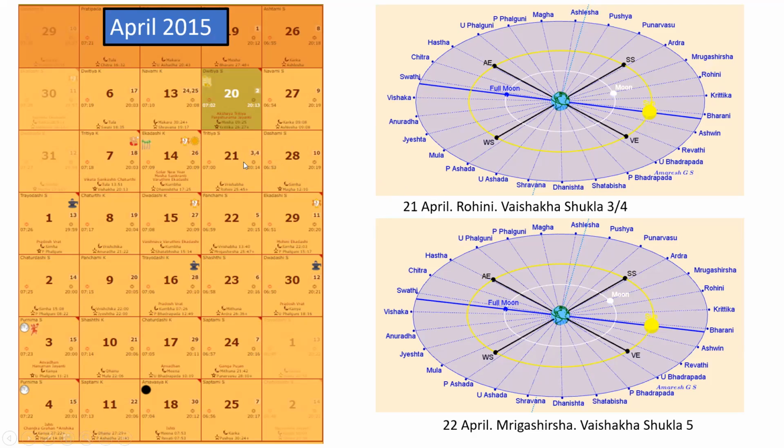If you come to 21st April, notice you go back to 20th of April. That is Dvitiya. That's why this is 2. And if you go to 22nd of April, you have a Panchami. That's why it is 5. But notice on 21st of April, there are 2 Tithis taking place on the same day. So that's Tritiya and Chaturthi of Vaishakha Shukla Paksha.